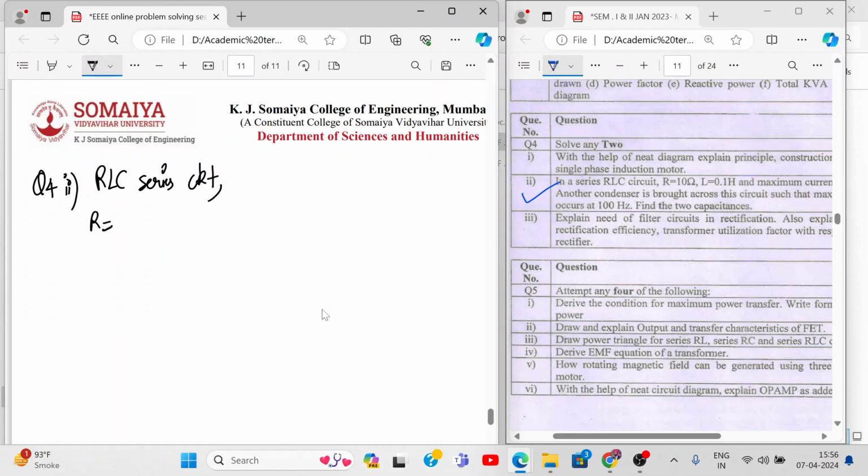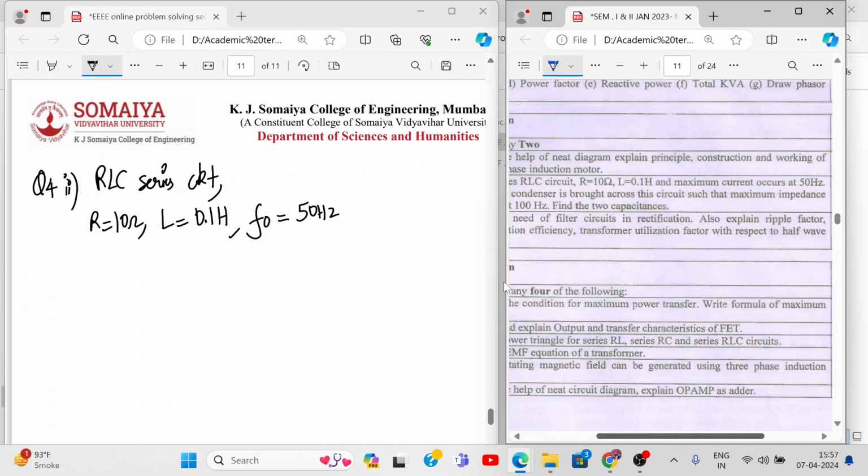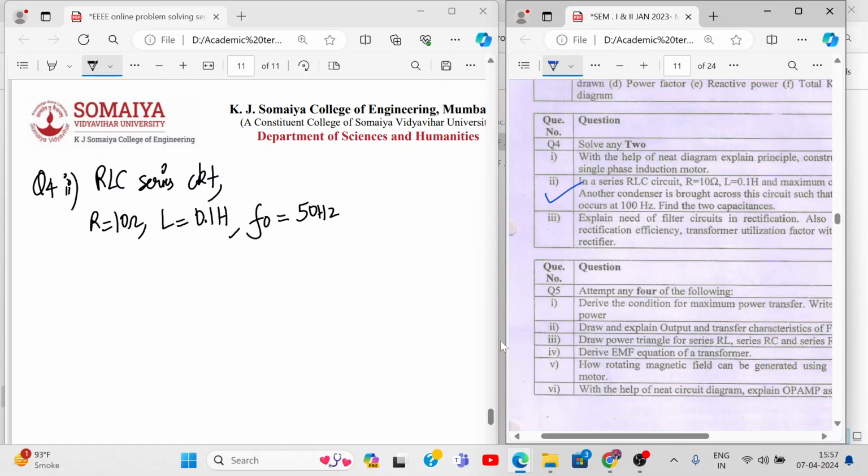We have R given, we have L given, and maximum current occurs at 50 hertz, so that means it's the resonant frequency. And we have to find the value of C1.